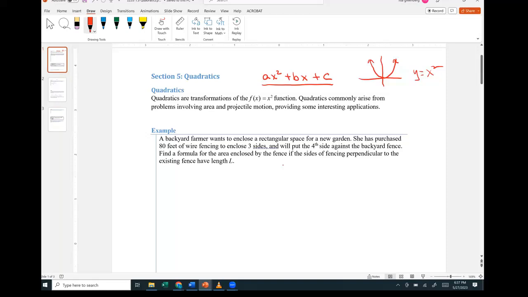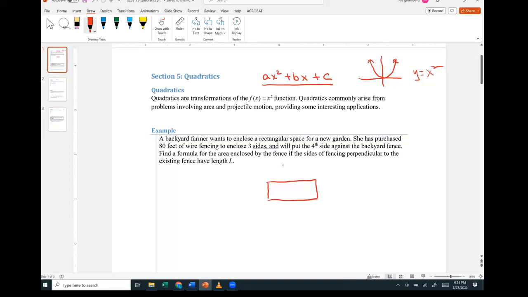A backyard farmer wants to enclose a rectangular space for a new garden. And what you always want to do whenever you have word problems is draw a picture. So let's have a rectangular space for a new garden. She has purchased 80 feet of wire fencing to enclose 3 sides.